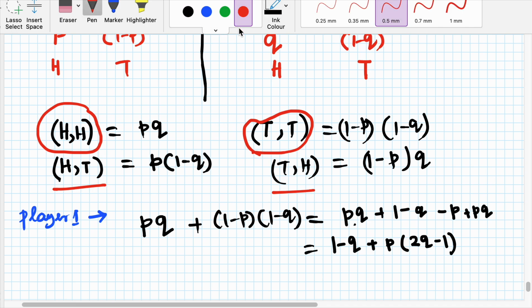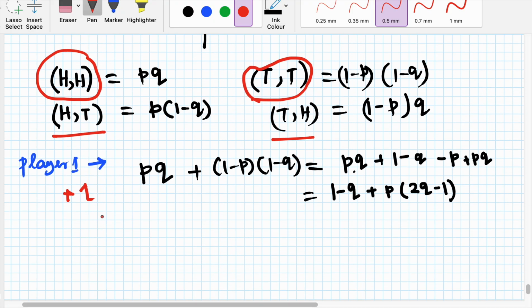So here player 1 will get plus 1 rupee with this probability, and with the remaining probability it will lose 1 rupee.